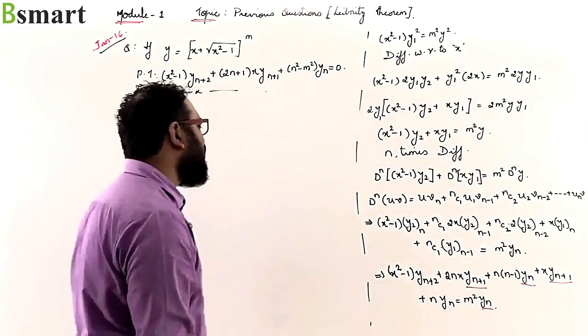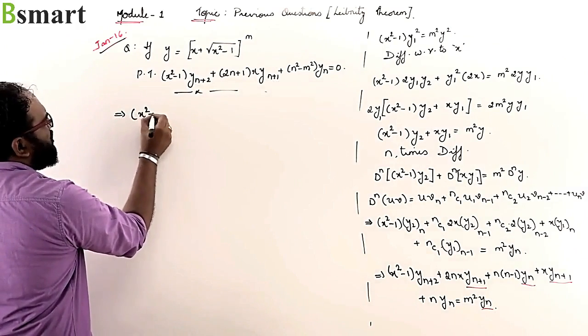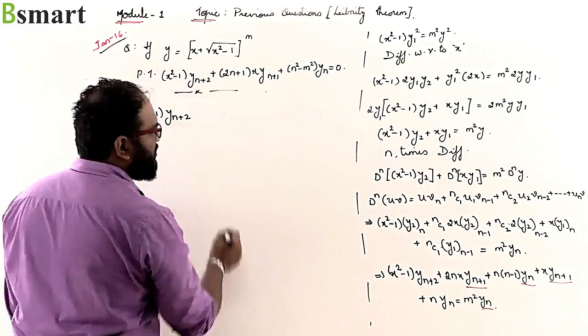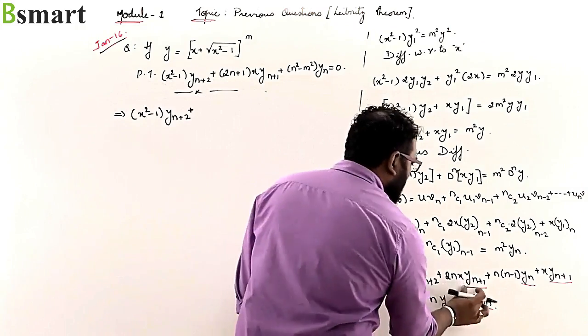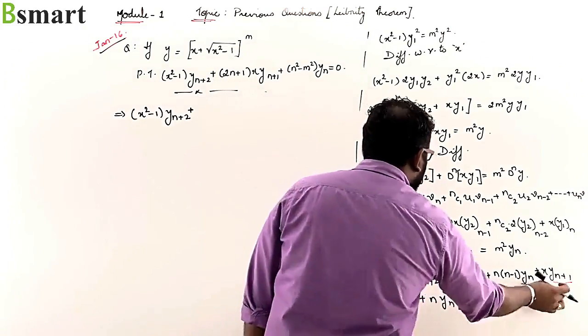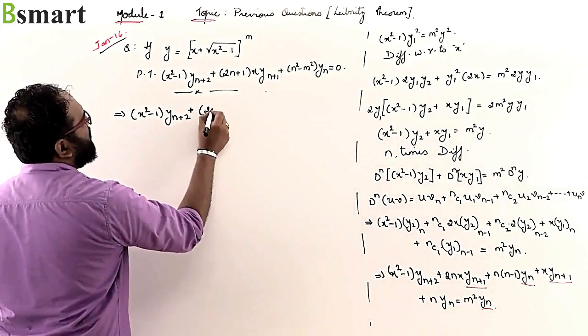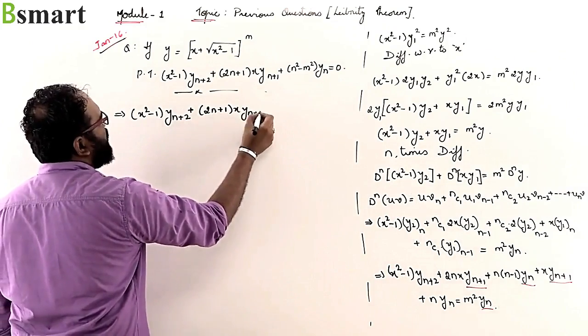So now if we rearrange the terms as (x² − 1) into yₙ₊₂ plus the yₙ₊₁ terms. From these two, can I take out x into yₙ₊₁ common? Then we are left with (2n + 1) into x into yₙ₊₁.